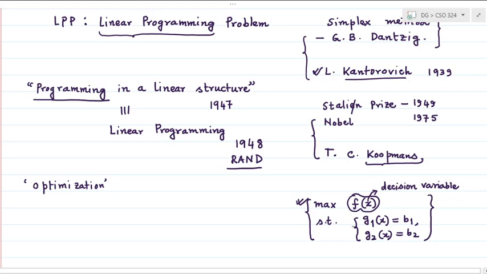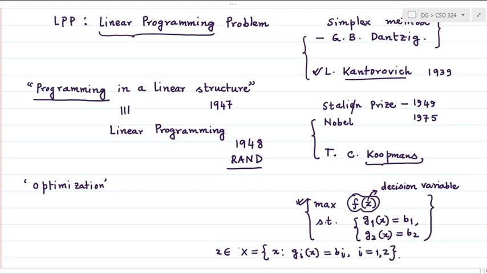That means you have to maximize this objective function f(x) subject to x lying in this set, where small x lies inside the set of all x's such that g_i(x) is equal to b_i, for i equal to 1, 2. We have here two equality constraints.